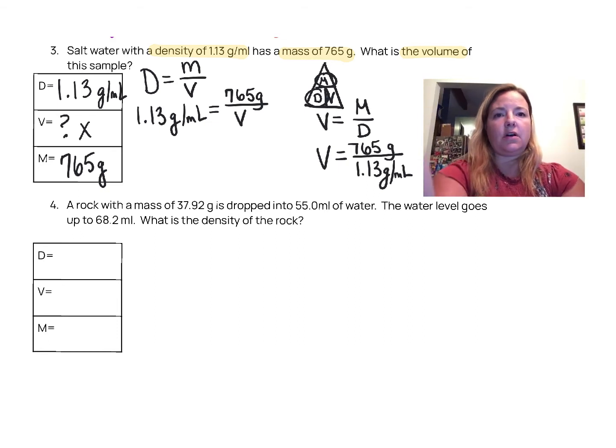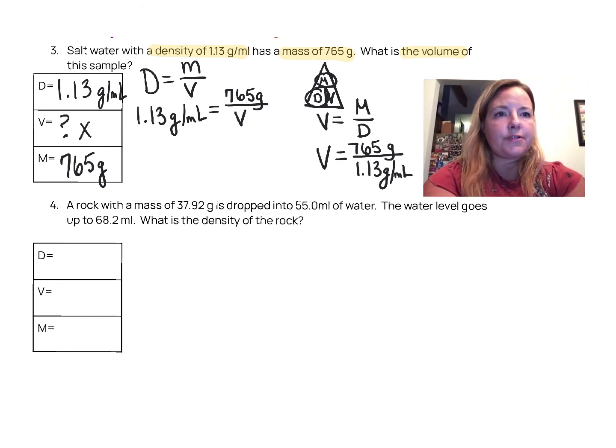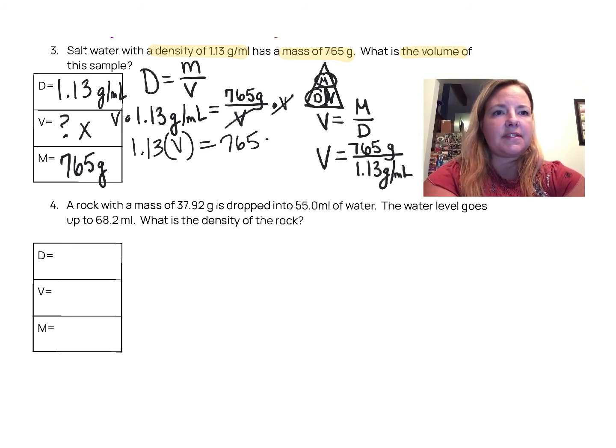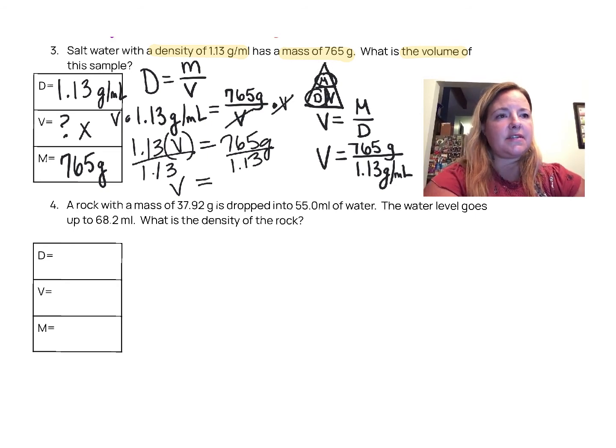So if I solve this using algebra, I would have to isolate my V. I would multiply both sides by V, so it cancels out over this side. So I get 1.13 times our unknown volume is 765 grams. Divide both sides by 1.13 so that my volume is equal to 765 divided by 1.13.